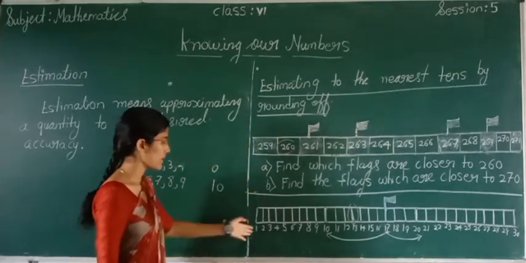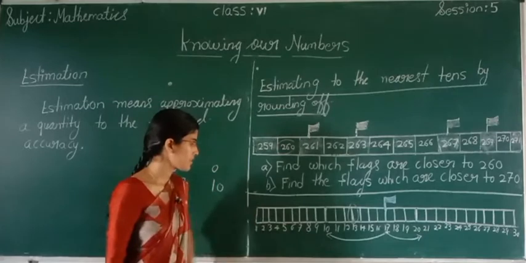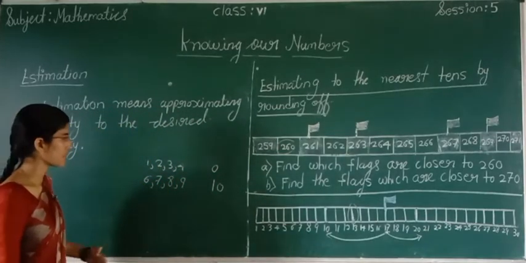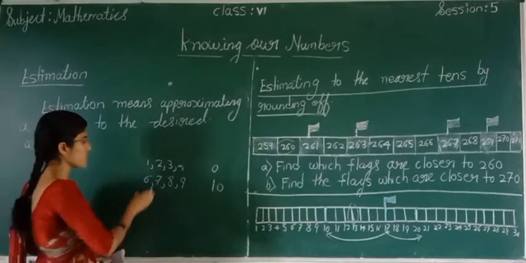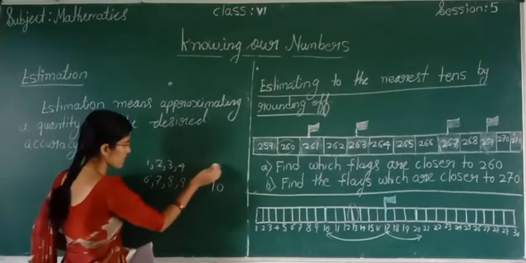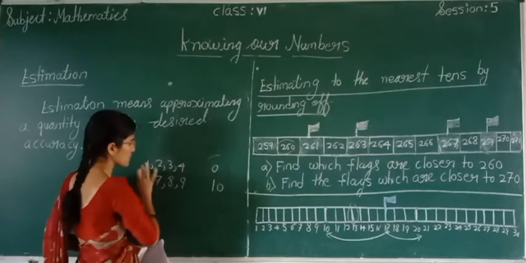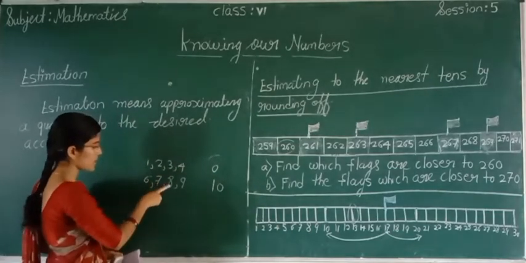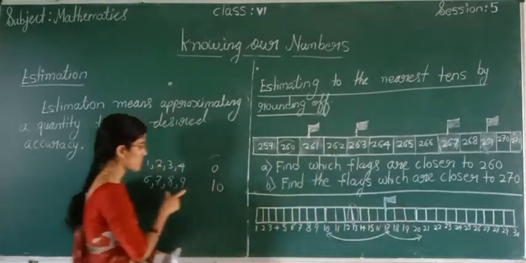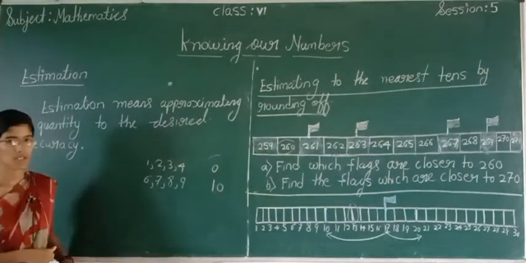But 1, 2, 3, 4 are very far from 10. What we will do? Here 1, 2, 3, 4 are nearer to 0. That's why we will estimate to 0. And the numbers 6, 7, 8, 9 are very close to 10. Okay. That's why we will round off to 10.